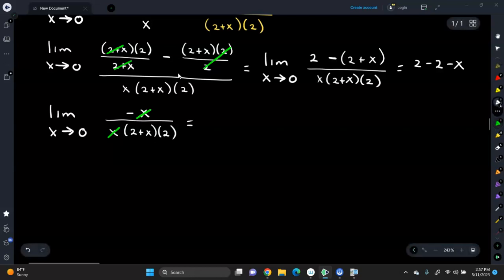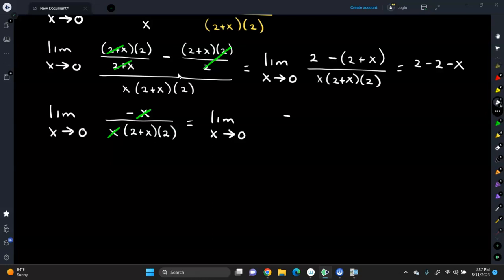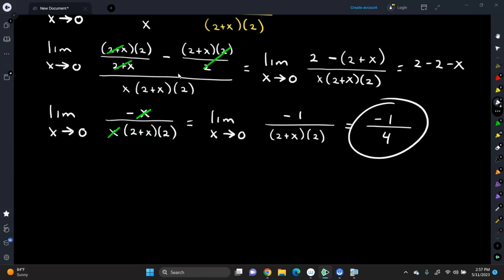Just be careful about that negative sign. That's the limit as x approaches 0. This is negative 1 over 2 plus x times 2. Now I can substitute that 0 in there, and I get negative 1 over 4. And that's our answer.